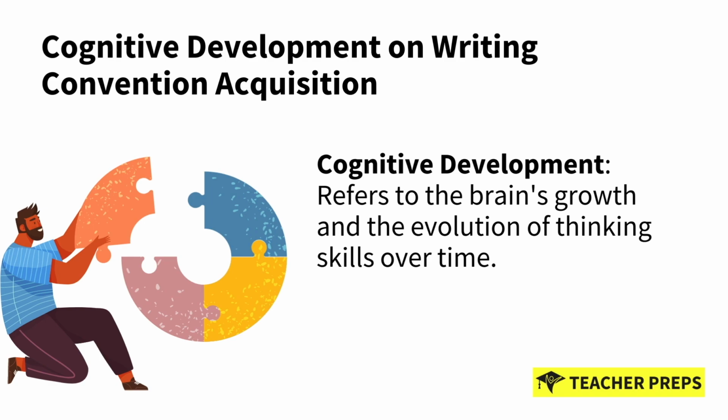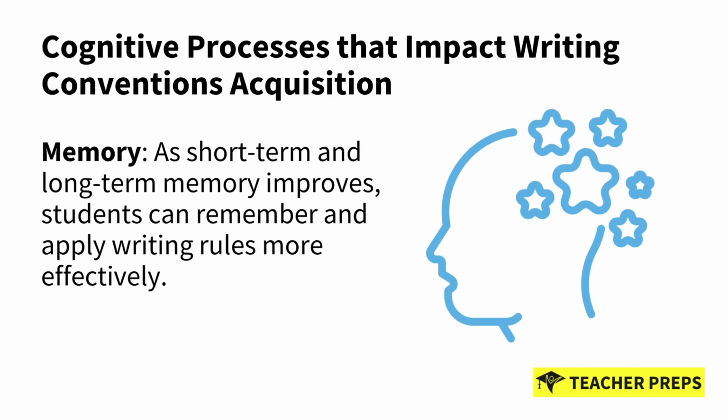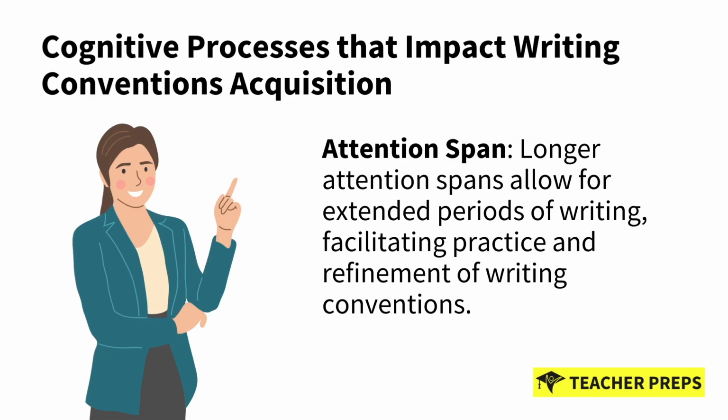For your exam, you'll want to remember these 4 processes. First, cognitive process that impacts writing convention acquisition is memory. As short-term and long-term memory improves, students can remember and apply writing rules more effectively. Second is attention span. Longer attention spans allow for extended periods of writing, facilitating practice and refinement of writing conventions.